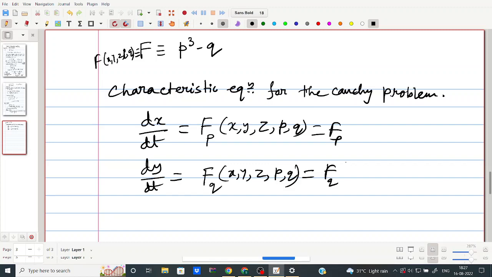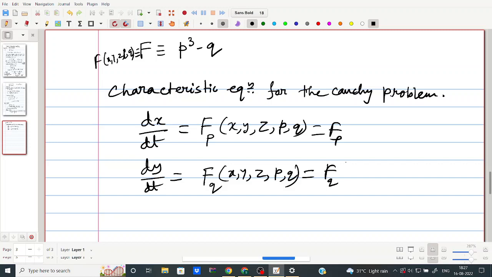Actually, dp/dt means you just differentiate. F is a function of x, y, z, p, q, right? Let me write, z is u. So dp/dt means you have to differentiate this f with respect to x and take the minus. What is differentiation with respect to x?